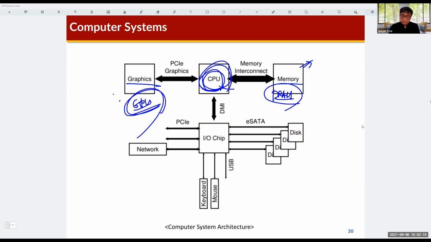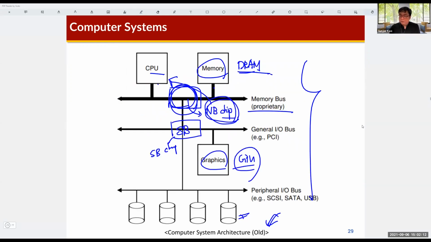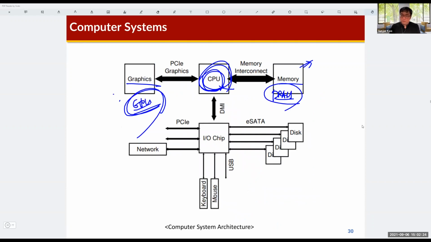As I mentioned, in the old generation computer system, there was a north bridge chip that controlled the data movement between the CPU and memory. But the north bridge chip is integrated into the CPU, and the CPU directly controls the data between graphics, GPUs, and the RAM. Then this I/O chip is a south bridge chip.